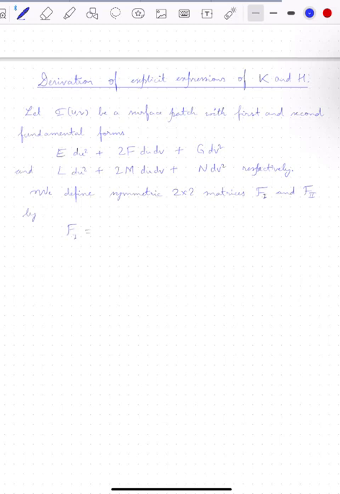So F1 is equal to [E F; F G], and F2 is equal to [L M; M N]. Right, so this is what it is.